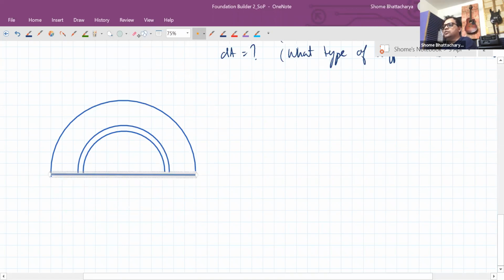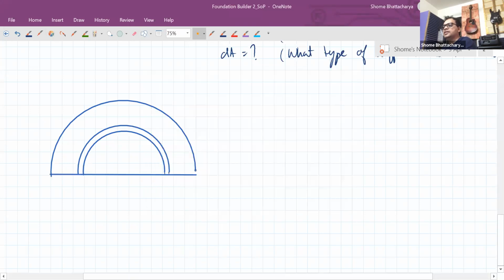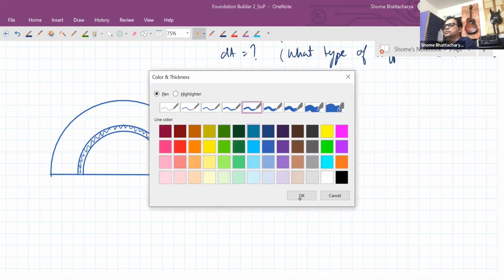One option we have for our differential element is that we can slice our entire semi-disk into thin semi-rings like this, concentrically placed one on top of the other.